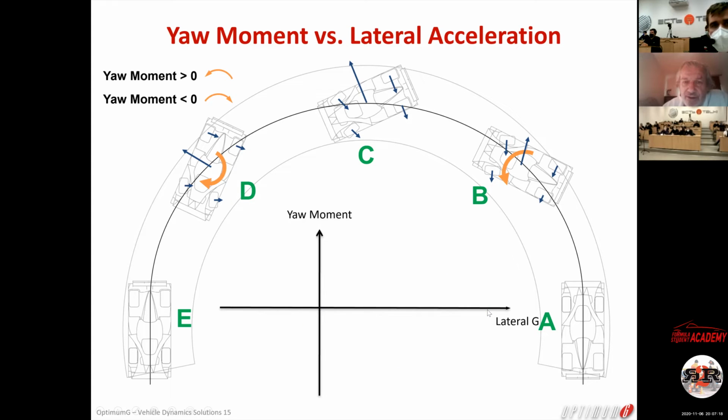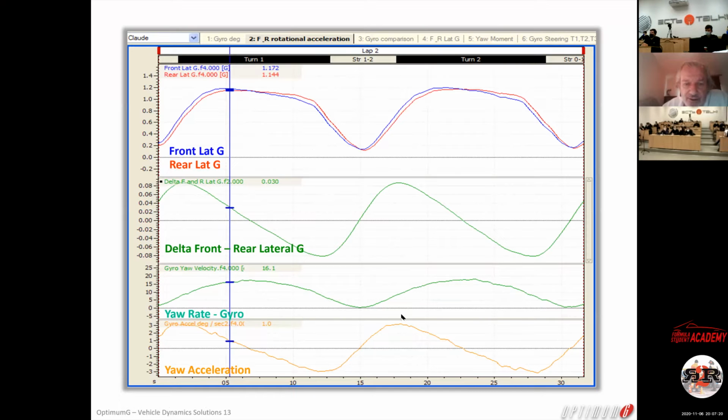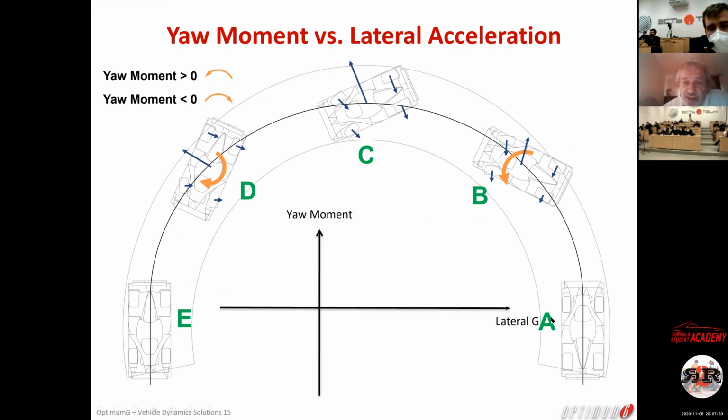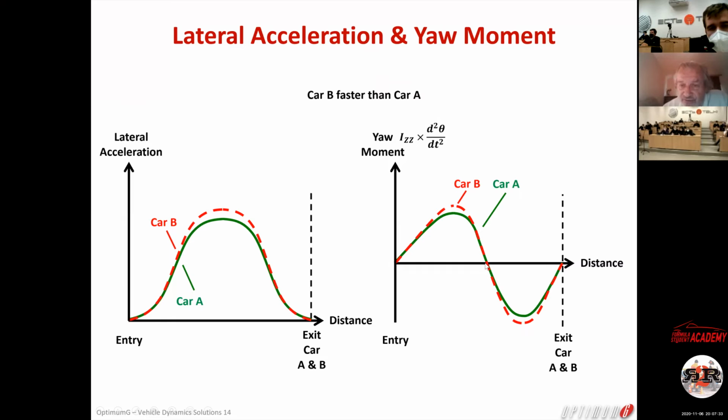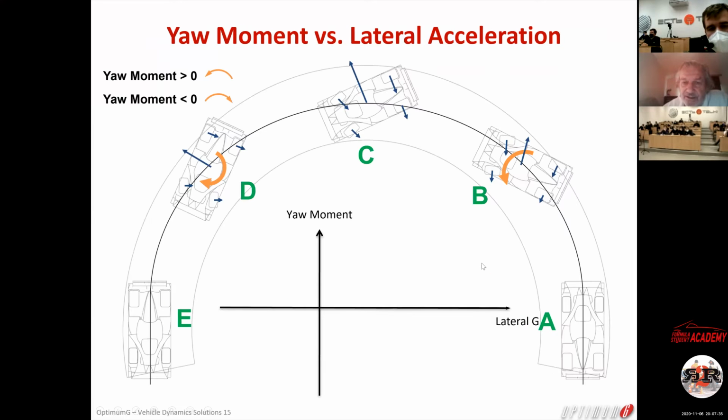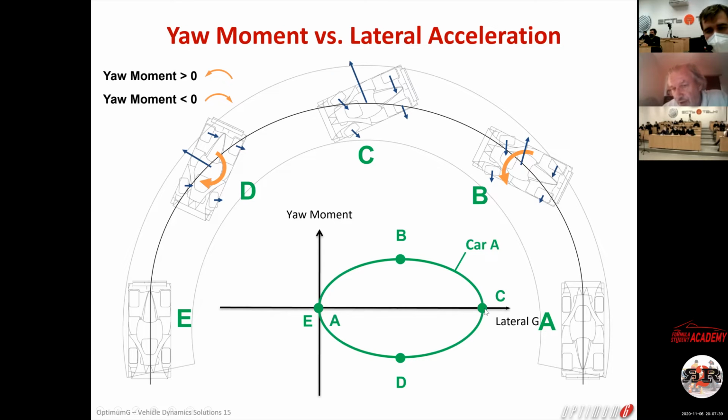But you remember at the apex, the yaw velocity is constant, so therefore the yaw acceleration is 0, so therefore the yaw moment is 0. The yaw moment is 0 at the apex, okay? And so you are going to have here the yaw moment 0 at point C.